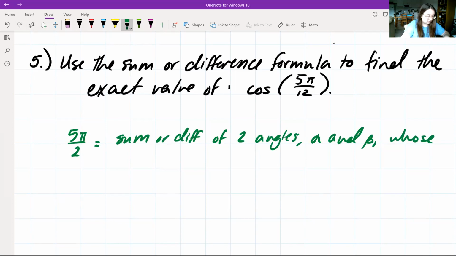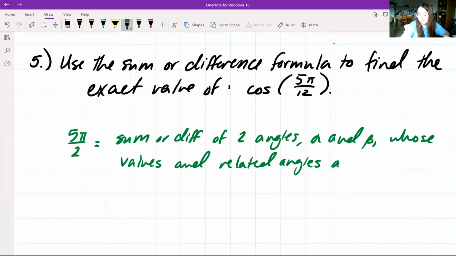And these angles need to have related angles whose values are known. This is just to say if you're going to split up 5 pi over 12 into two different angles, these two angles should really be found on the unit circle so that you can know what they are and what their related angles are going to be.